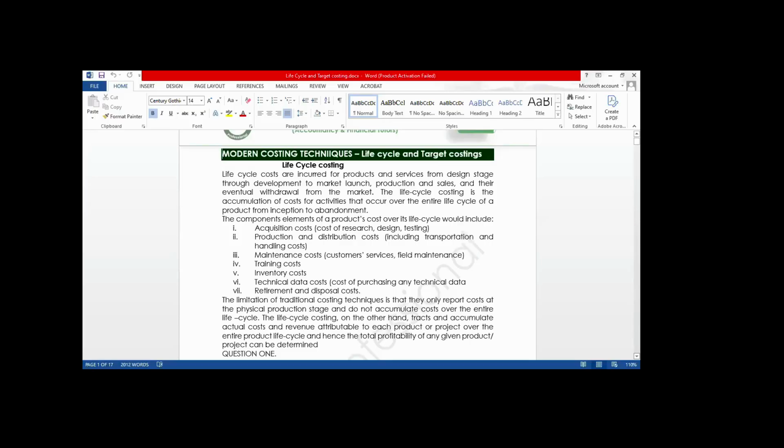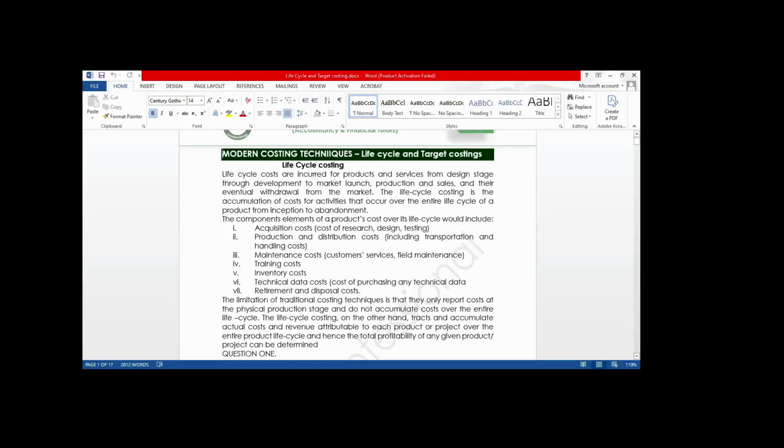If you look at marginal costing or absorption costing, we start to record the cost of the product at the point where the product is manufactured, at the physical manufacture stage. That is why you start with material cost, material for production, labor cost, overhead cost.